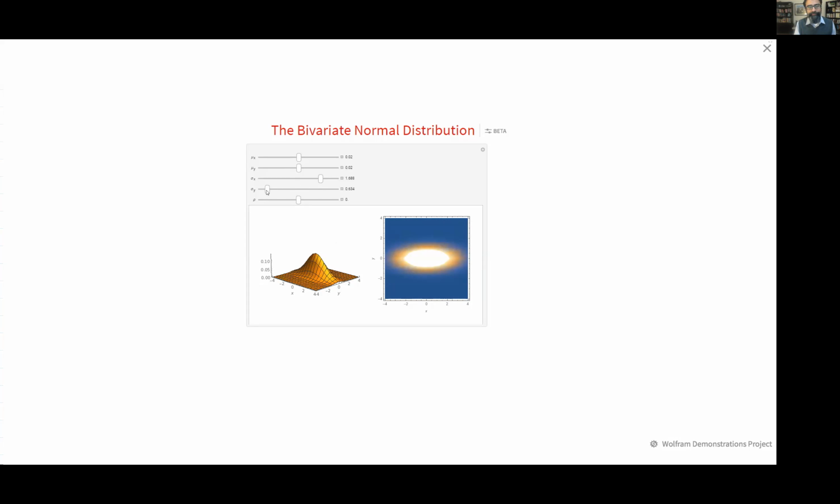Now let me bring this back to approximately 1 for both x and y, and here's the important parameter, which is rho, the correlation coefficient, if you remember. If I change rho in a positive direction, which in this case is 0.576, what happens? You see an ellipse, but that ellipse has changed its axis.